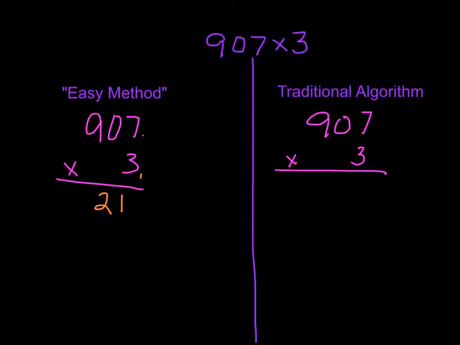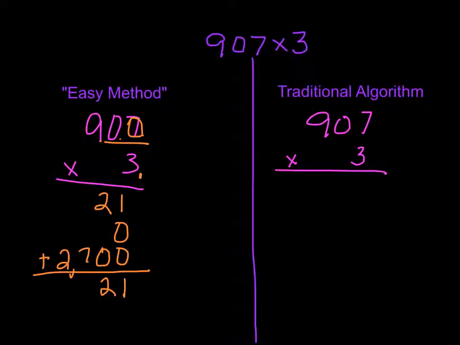Then we multiply the 3 times the 0, which is 0. Then we multiply the 3 times the 9, which is really 900. 3 times 9 is 27, plus 2 zeros behind it, 2,700. I add those together, and I get a grand total of 2,721.